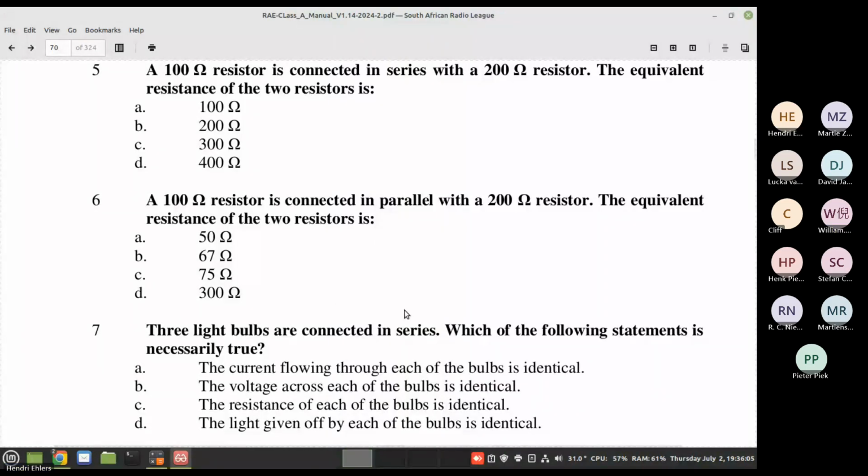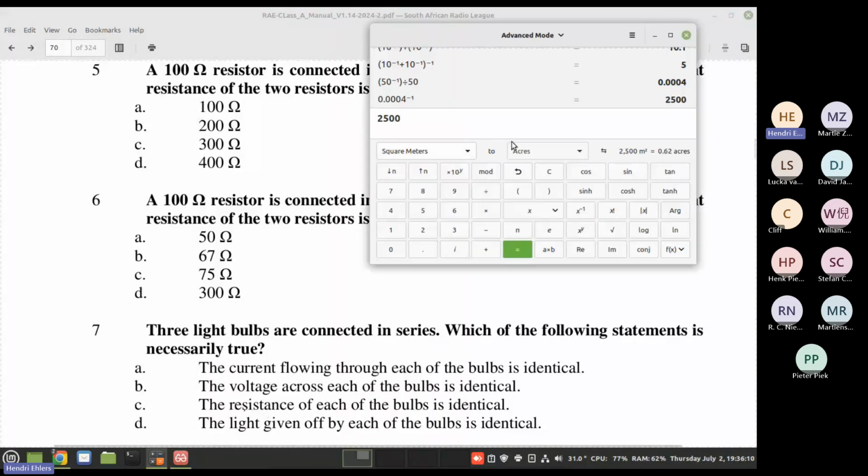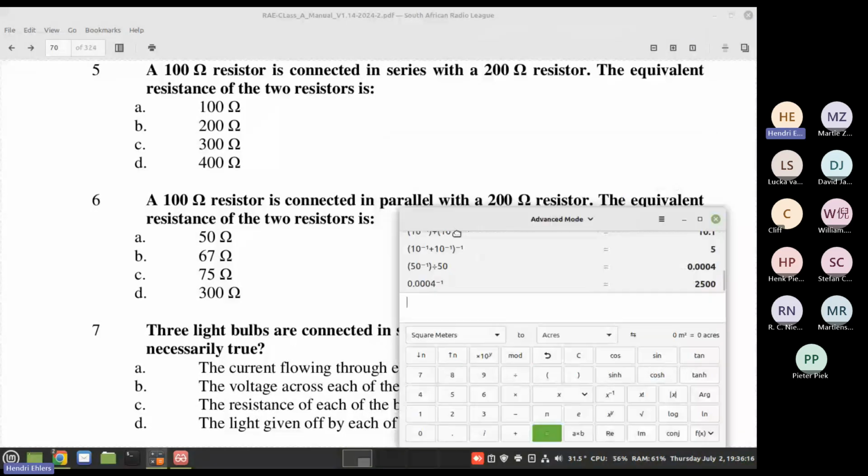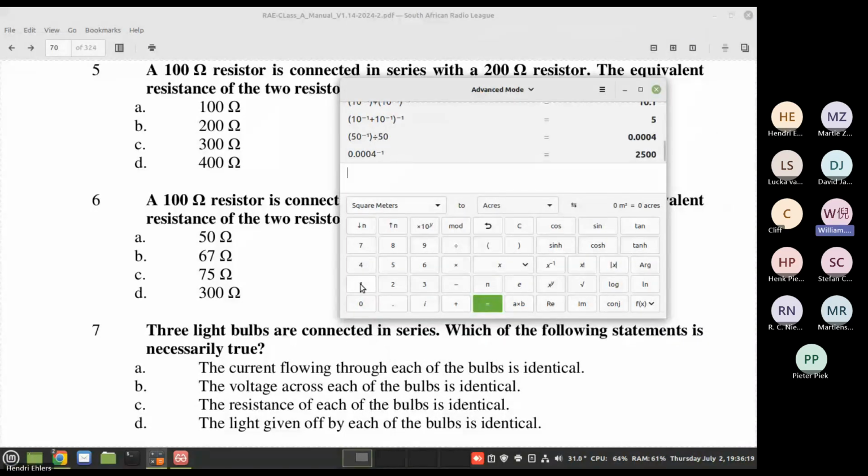Right. Now, like I said, let's do our calculation. We pull our calculator closer and we say 100 and 200. So it's 100 plus 200. So it's 66.6. So if you round it off, it will be 67.